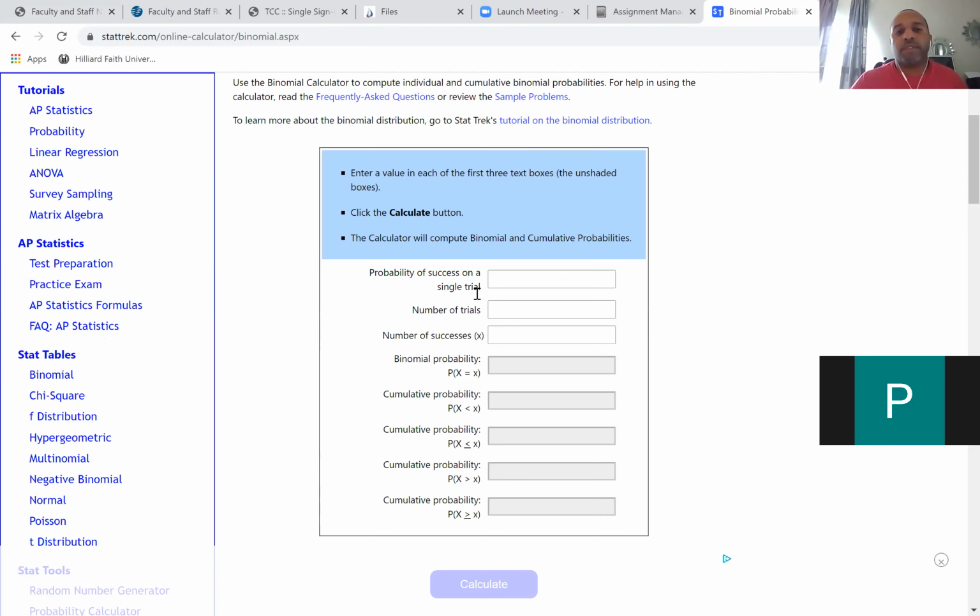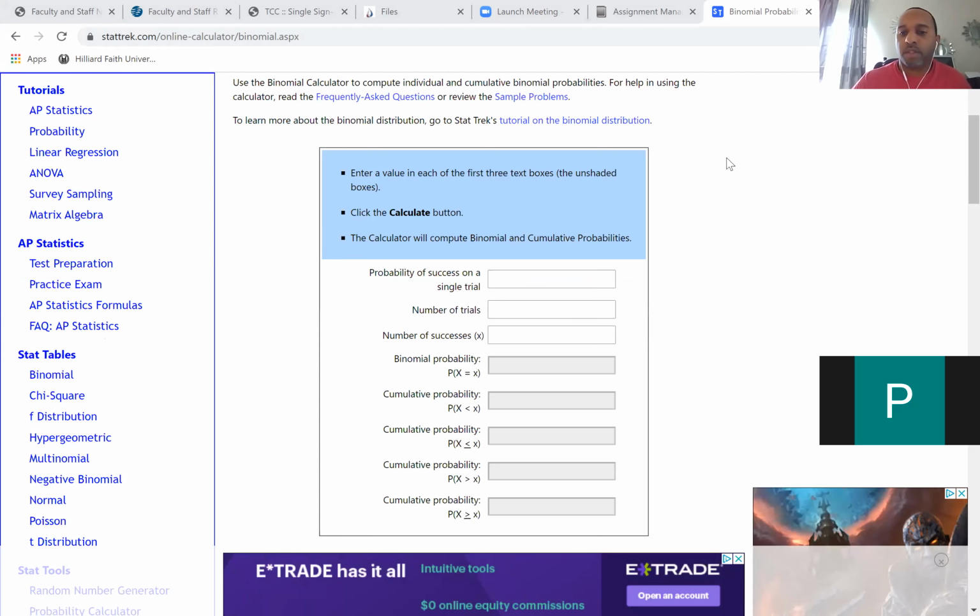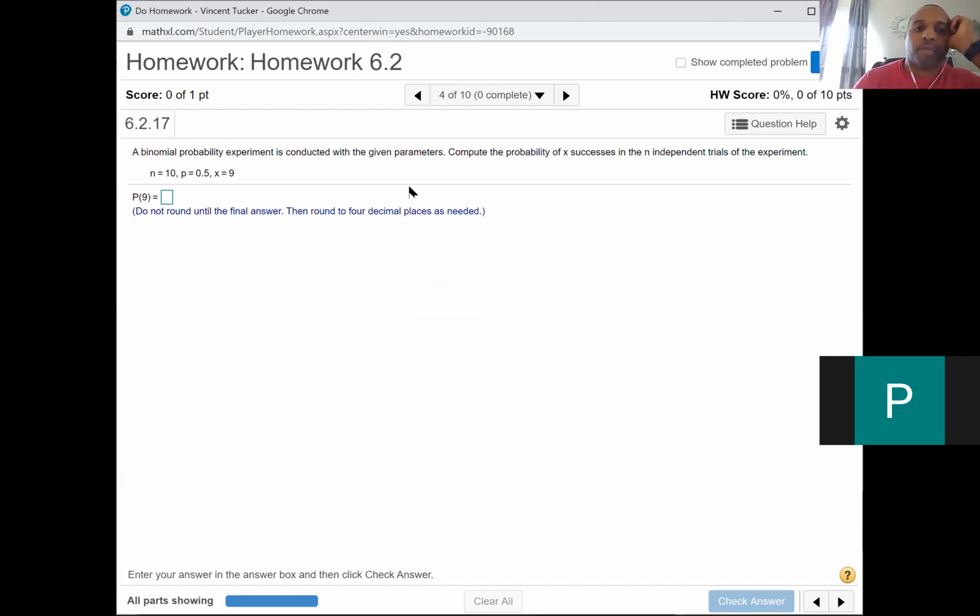Notice the probability of success on a single trial, number of trials, and then number of successes. So going back to the problem that we had. X represents the number of successes, N is the number of trials, and then P is the probability of success.